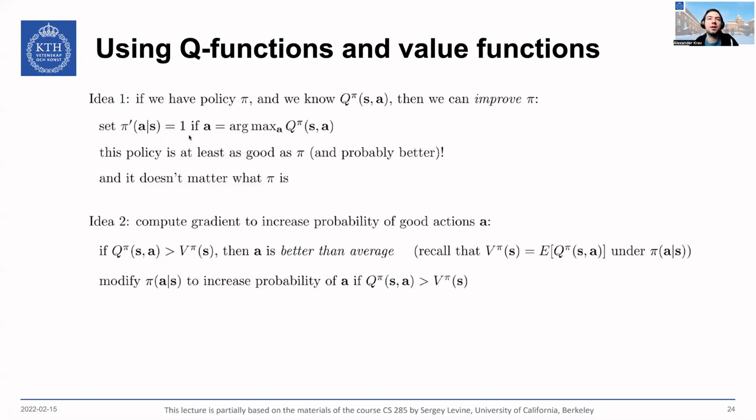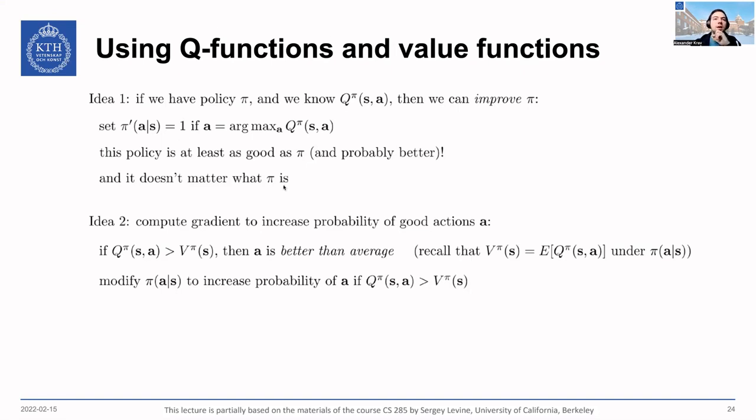And you can easily see that this policy is at least as good as pi, and most likely better, because most likely the distribution of the actions according to the policy wasn't 1 for this action and 0 for others. So basically, assuming that you have this Q function, you look at the different actions that you can take, you see the one that maximizes the Q function, and you say, okay, let the policy be that we always take this action in this state.